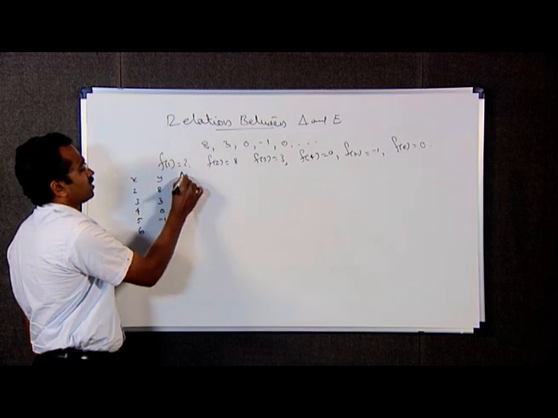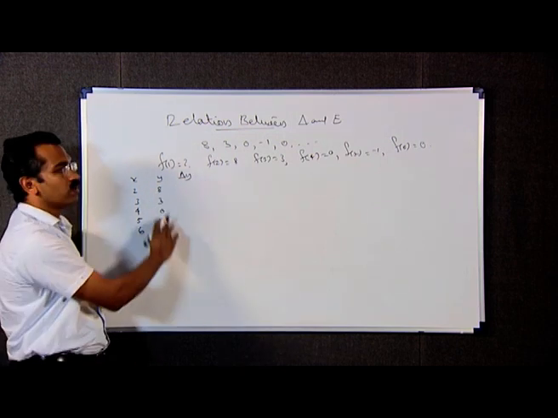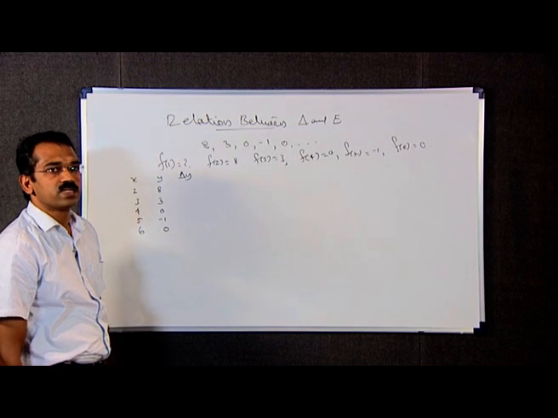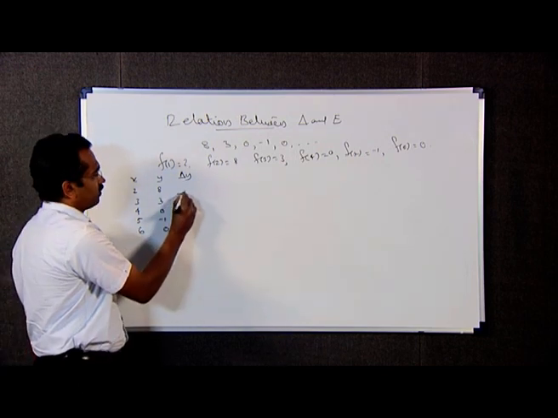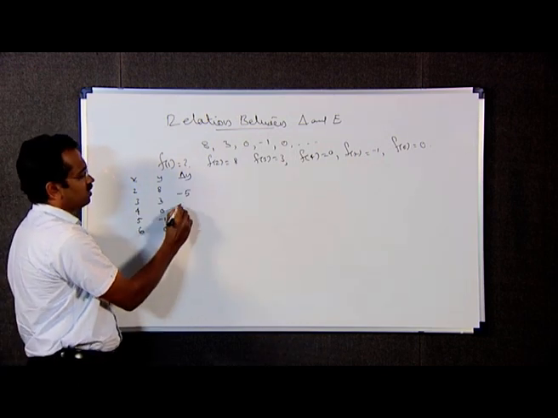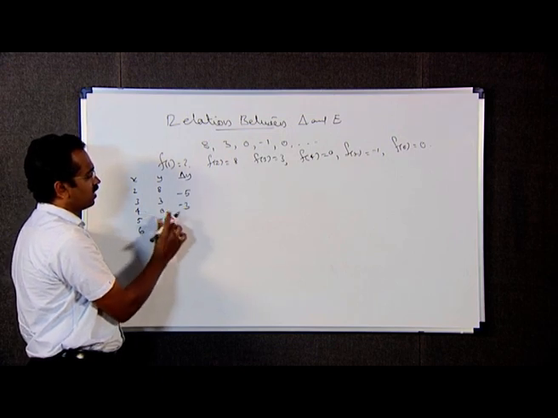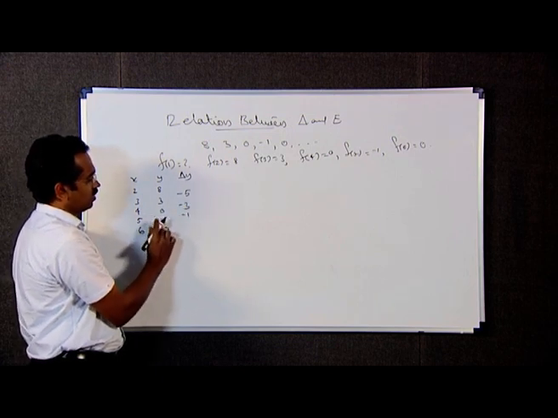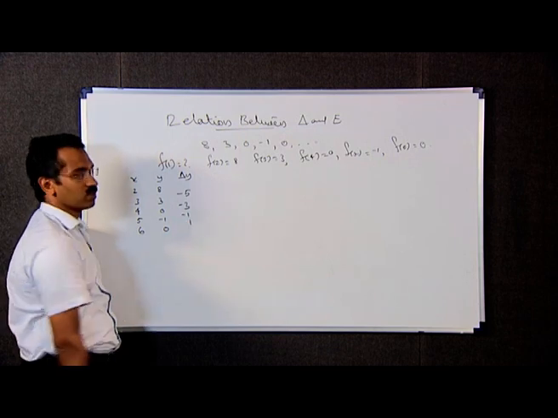The first differences are 3 minus 8, that is minus 5, 0 minus 3 is minus 3, minus 1 minus 0 is minus 1, 0 minus minus 1 is plus 1.